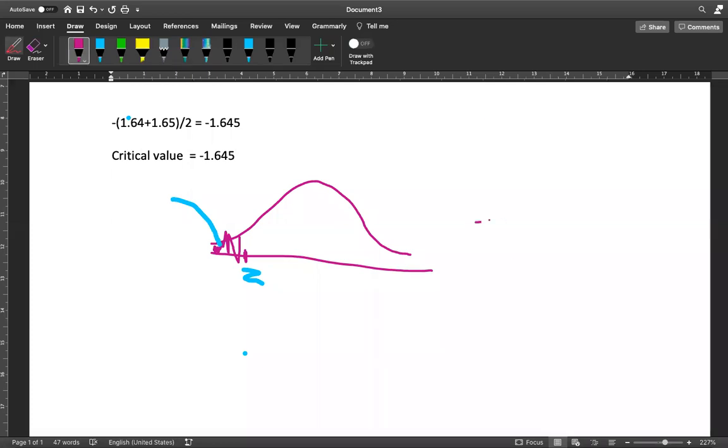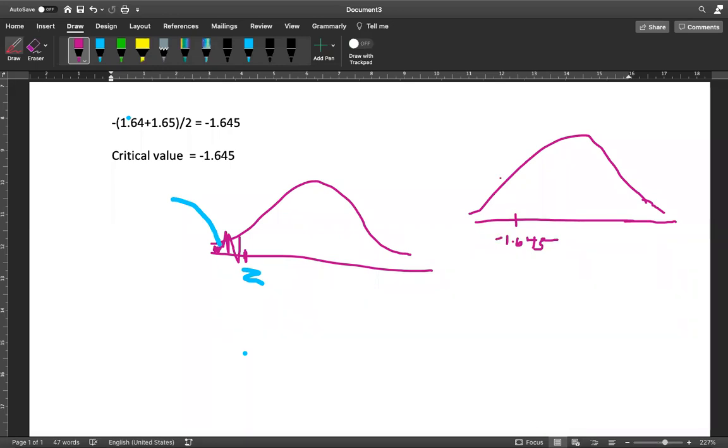Now let's see something here. If you have the normal distribution, and the critical value was here, 1.645, it was negative.